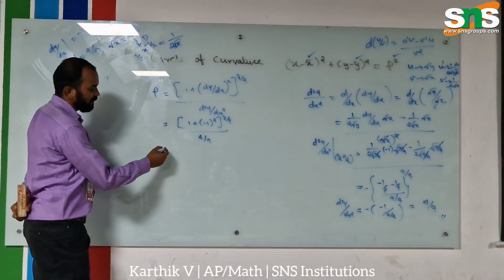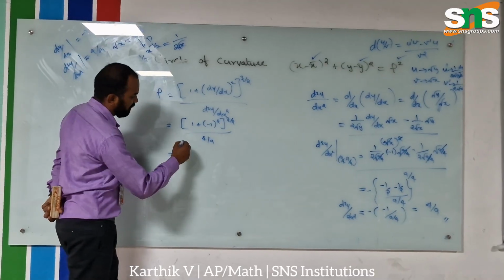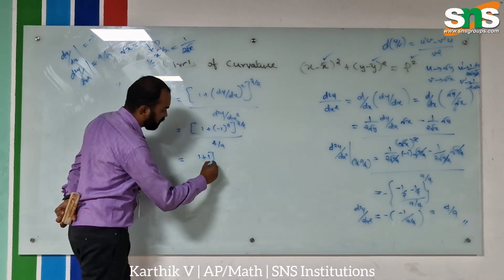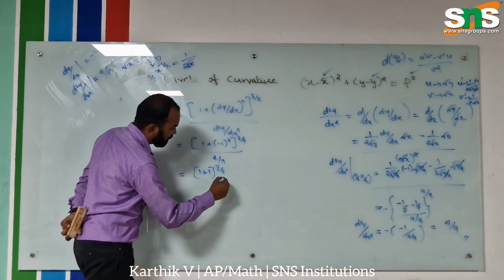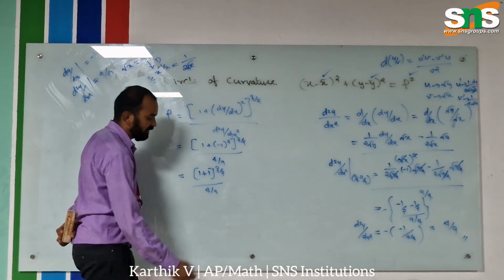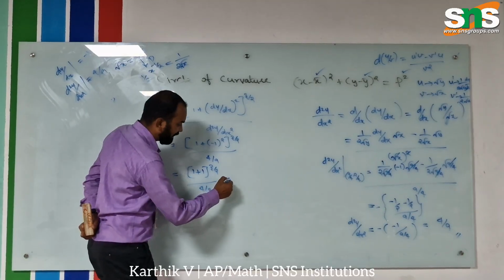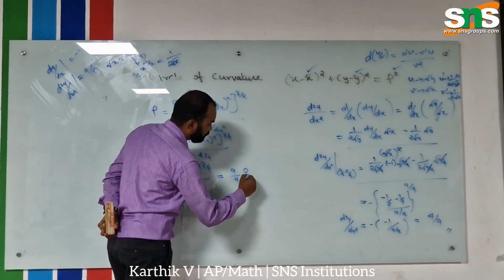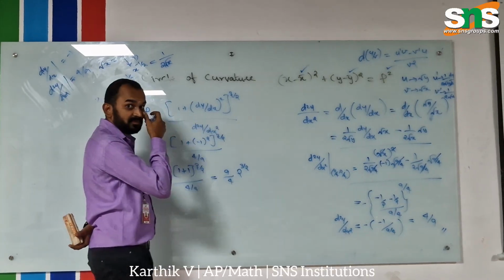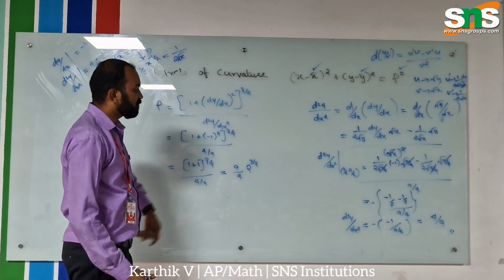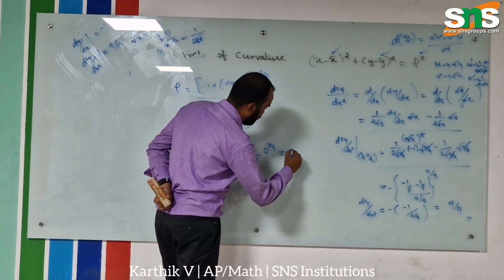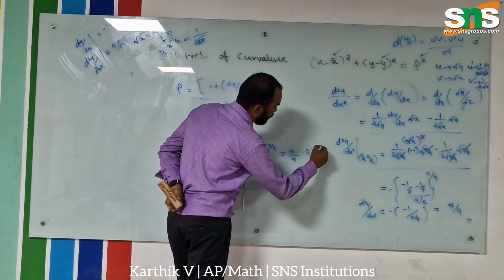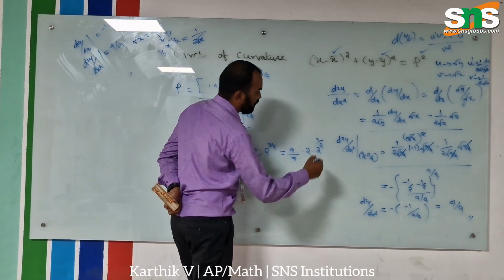So simplify the equation. 1 plus minus 1 whole square is 1 plus 1, whole power 3 by 2, whole divided by 4 by a, which can be written as a divided by 4 into 2 power 3 by 2. This 2 power 3 by 2 can be written as a by 4 into 2 into 2 power 1 by 2.